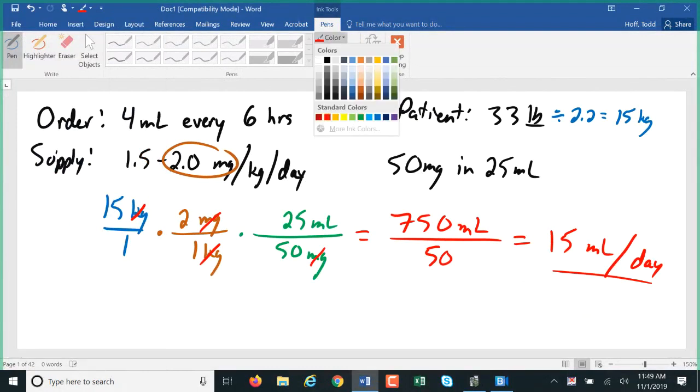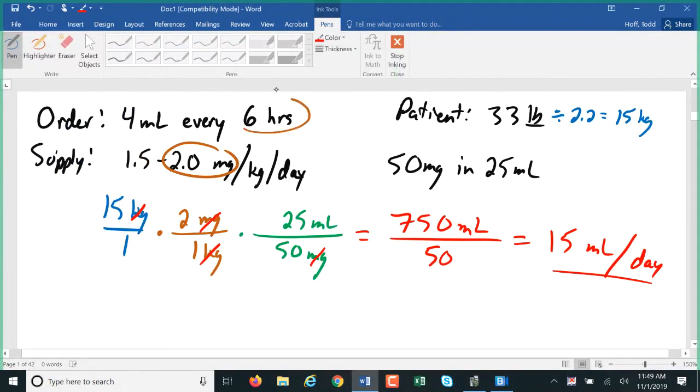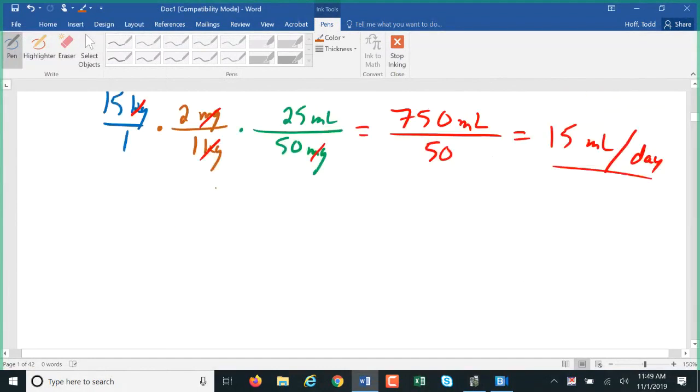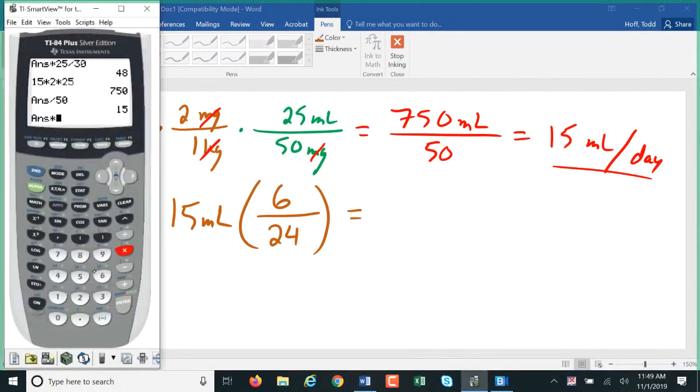Doctor's orders are for 6 hours. So what we have is 15 milliliters. That's the recommendation for a day, so that's 24 hours. We want to convert that to 6 hours. Times 6 divided by 24.